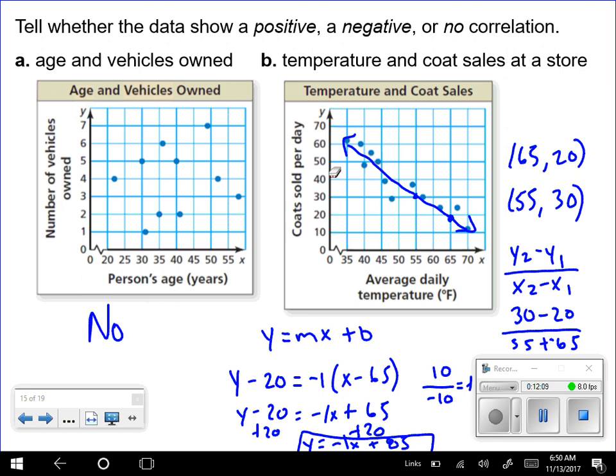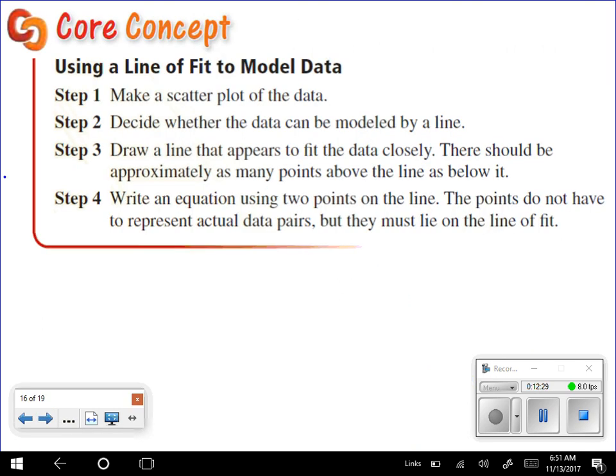It could go negative. That's very unlike a scatter plot. But a lot of coats will be sold when it's 0 degrees. Also, it tells us our slope, as the temperature goes down by 1, we're probably going to sell 1 less coat, kind of thing.